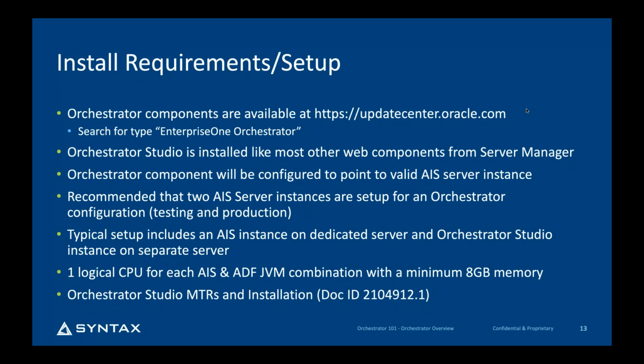The typical setup that we've been configuring is that the AIS instance is on a dedicated server, and the Orchestrator Studio instance is on a separate server. Again, you have that Studio instance and that AIS instance, and the AIS instance points to your web server. You can put those both on the same server if you're not doing a ton of heavy lifting.